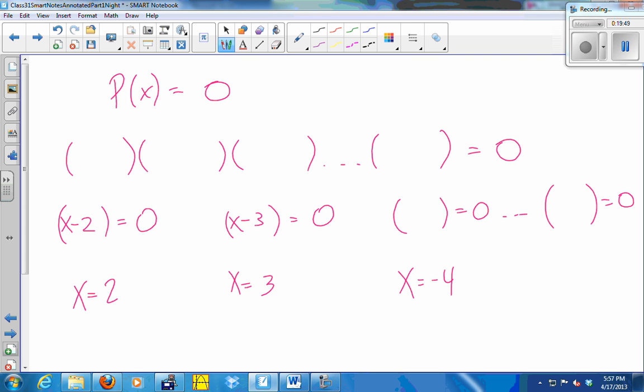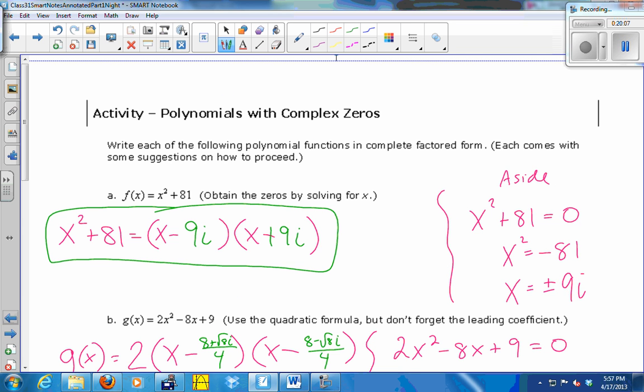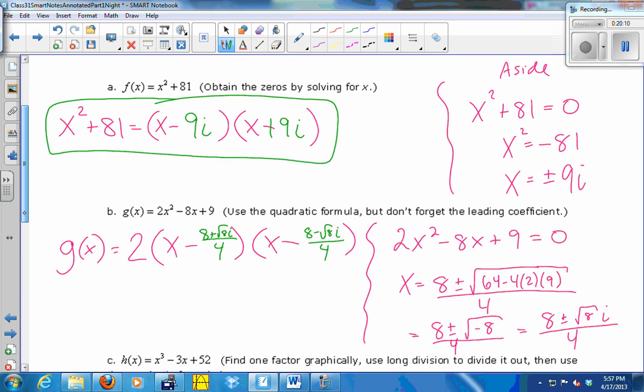And this had to have been x minus negative 4, or x plus 4. So you always write it as x minus, and then if the zero is negative, it ends up becoming a plus, because it's minus a negative. I mean, that's how I do it. You could just leave the sign blank until you know if it's going to be a minus or a plus.